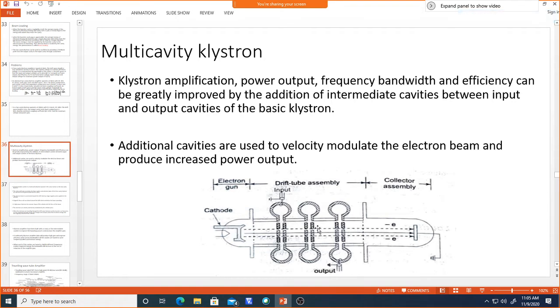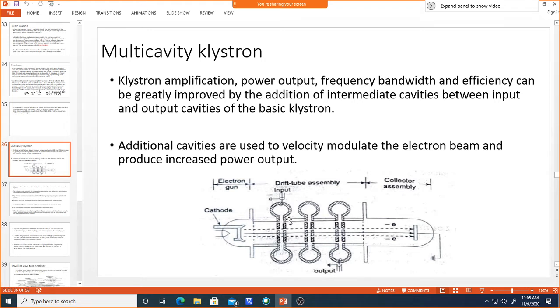Other construction and operation is like the two cavity klystron. It will generate the electron beam, and magnetic focusing coils will be placed to reduce the spreading of the electron beam. Once the electron beam is formed, it will travel through this drift tube assembly or cavities.